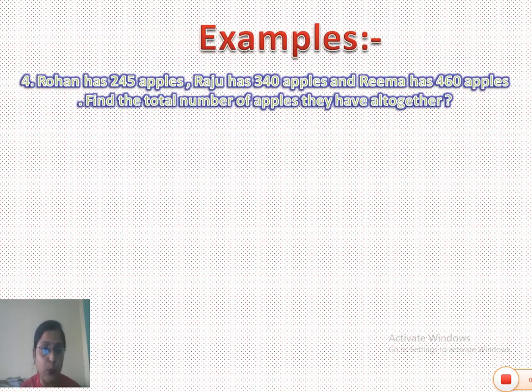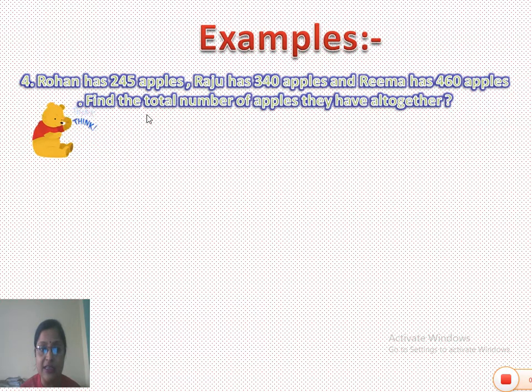Example number 4. Rohan has 245 apples. Raju has 340 apples and Rima has 460 apples. Find the total number of apples they have all together. So you see the words all together, they tell us regarding the action which we have to choose.